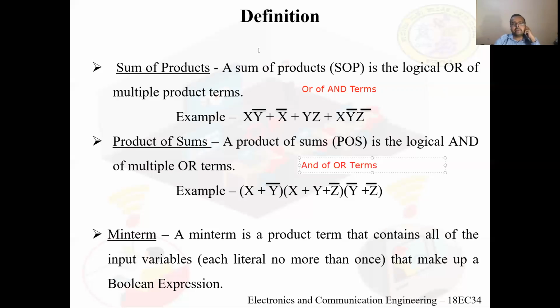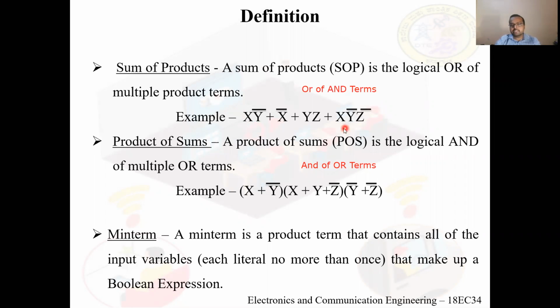As you can see from the example shown here, we have three variables, x, y, and z. But in this product term, one variable is missing. Which variable is missing here? It is z, so it's not a minterm.